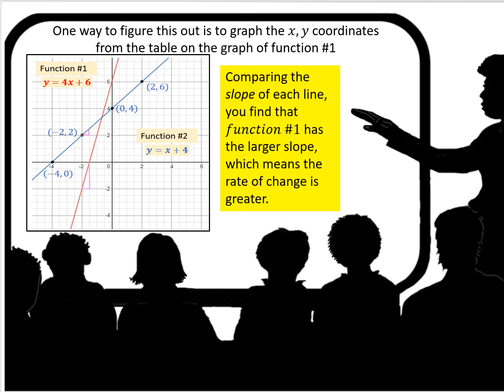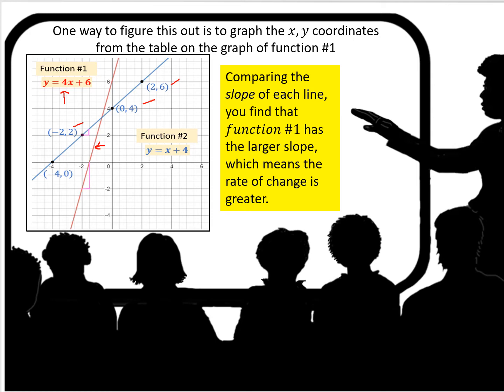So we know that we already had the first line, and that's the red line, and we can figure out the slope of that, over 1 and up 4, and we come up with the equation for that line, y equals 4x plus 6. And then we would take the points from the table and we would graph them.